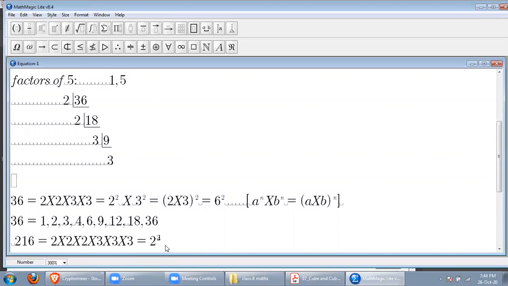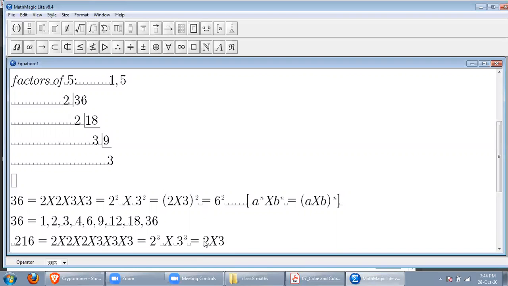There are three twos, and yes, there are three threes. So this is how you can find whether a number is a perfect cube. But if it cannot make triplets, it will not be a perfect cube.